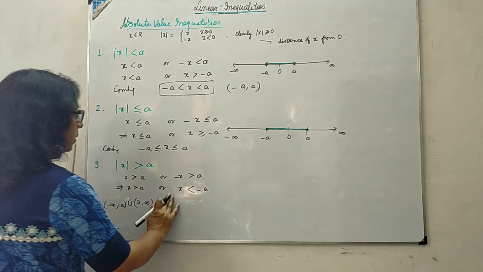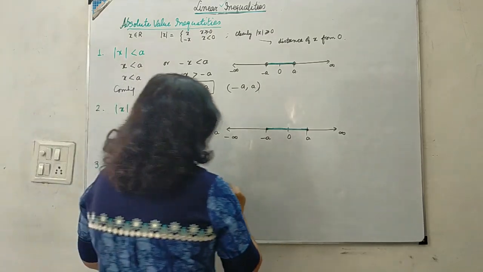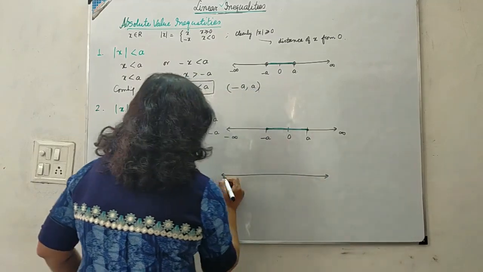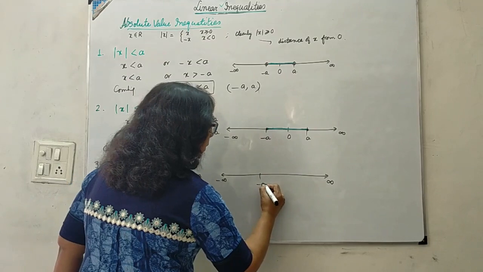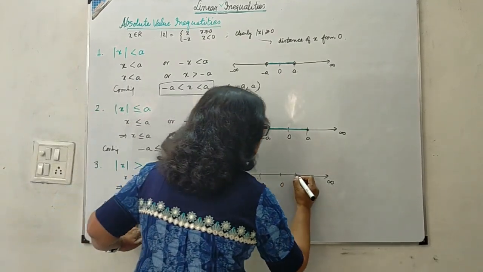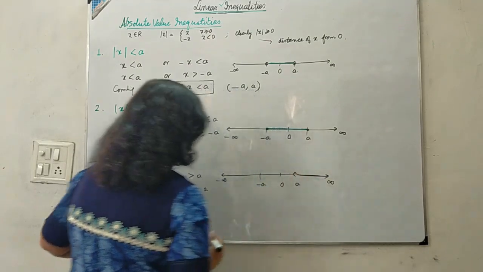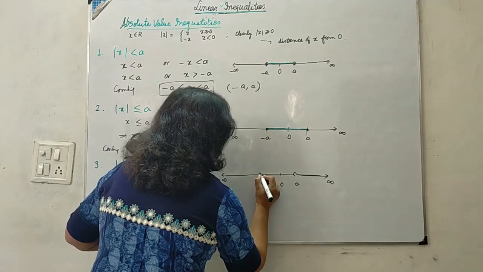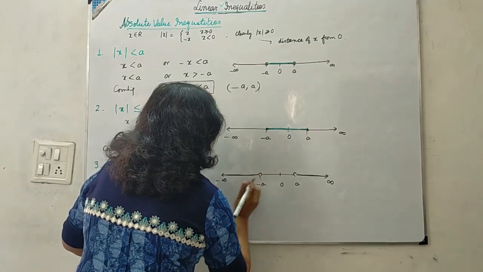Combining all these, we have on the number line, to be more clear about the result, minus a, 0 and a. This is a to infinity, and this is open because there is no equality sign there, and on this side we have less than minus a. So again it is open.